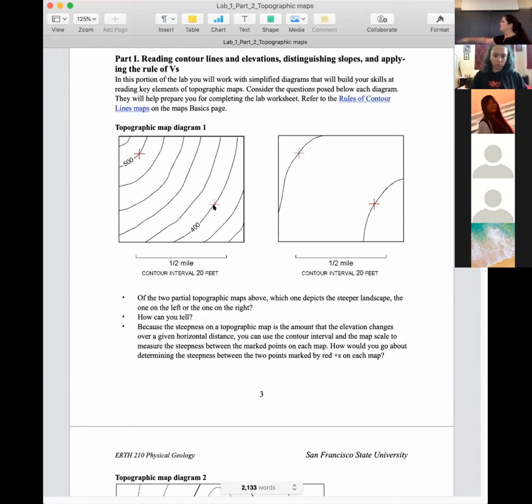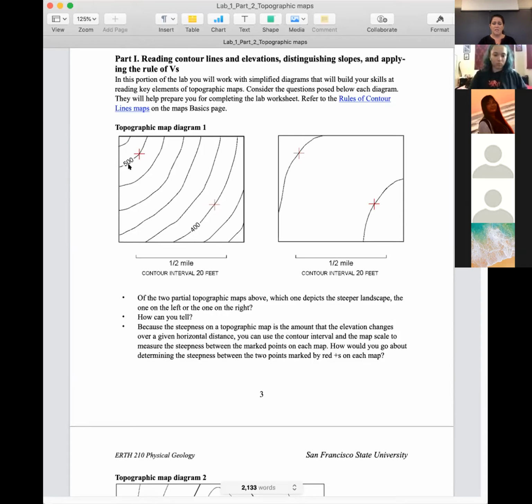Instead of 20 feet above me, it is how many feet above me? 100. So you go from 400 to 500 feet. So which of those two represents steeper topography based on that mental exercise? The 400 to 500 one. Totally.